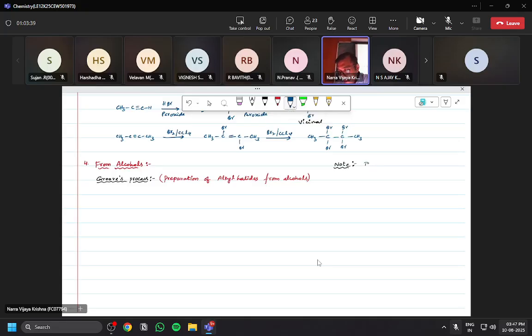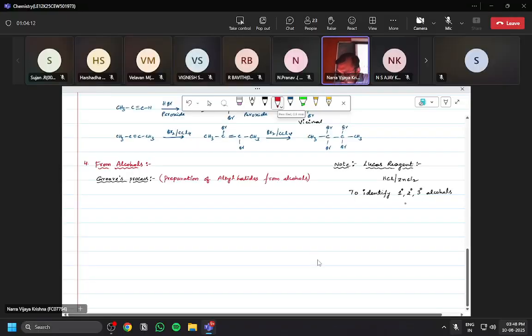This is identification, to identify primary, secondary, tertiary alcohols, in which primary alcohols give turbidity only on heating or after 20 to 30 minutes.